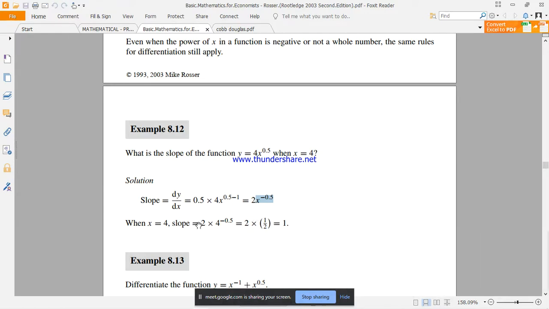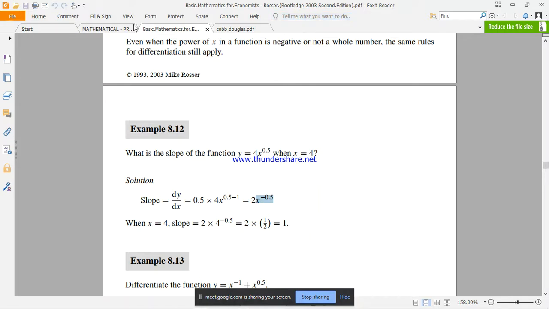Let me not confuse you. So 2x raised to the power negative 0.5 is the same thing as 2 open brackets 1 over x raised to the power 0.5 close. So write that this is equal to 2 over x raised to the power 0.5.